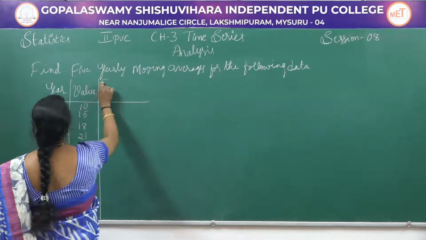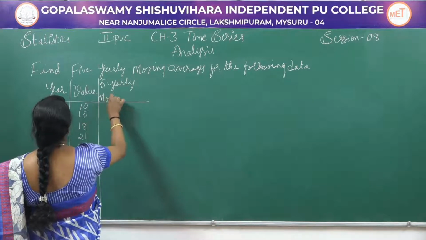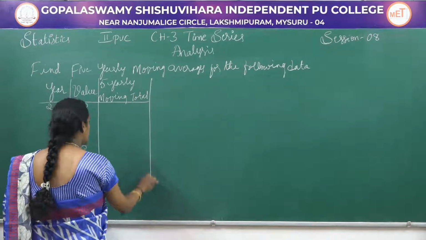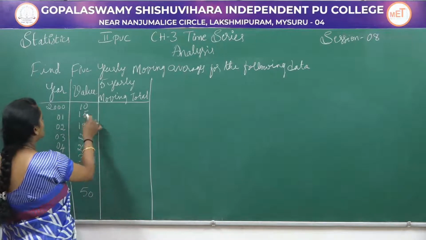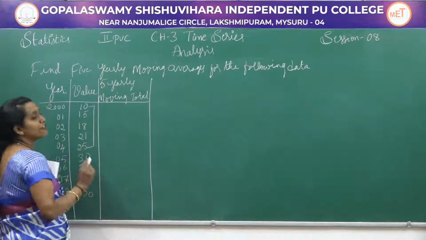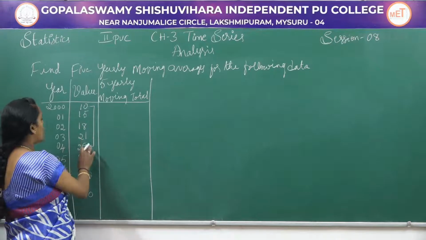The first column is the 5-yearly moving total. That is, we have to add 5 numbers, 1, 2, 3, 4 and 5.